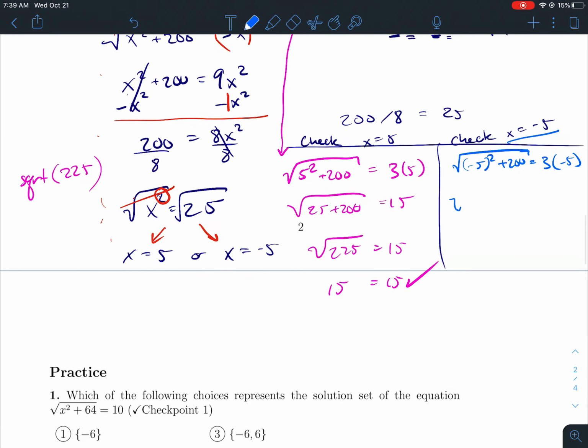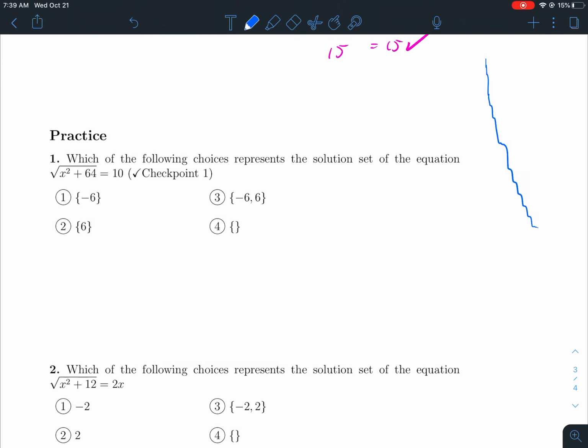Negative 5 squared is 25 plus 200 is equal to 3 times negative 5, which is negative 15 this time. We get square root of 225 is equal to negative 15. Square root of 225 from before, or you do it again on your calculator, that's just one answer. That's 15, and 15 is not the same thing as negative 15. Whoa.